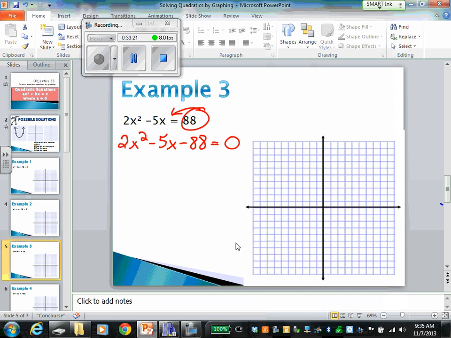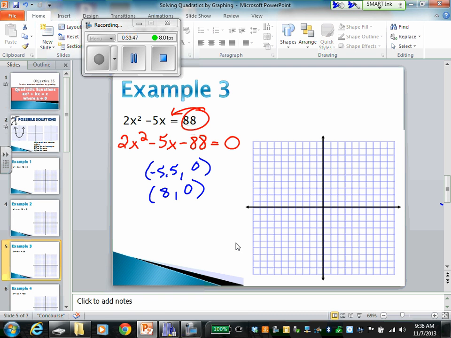Okay, so you can say -5.5, comma 0 or 8, comma 0. Okay, or you can put it in brackets. Just make sure you don't write it as a point. It's both of them.